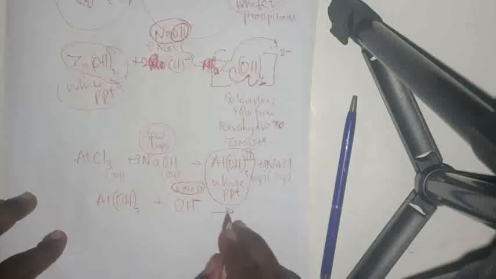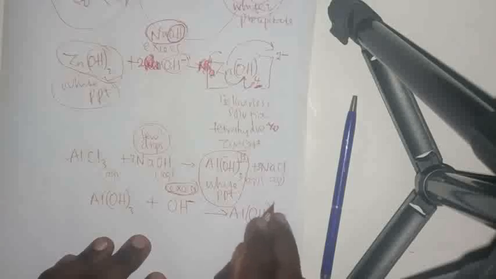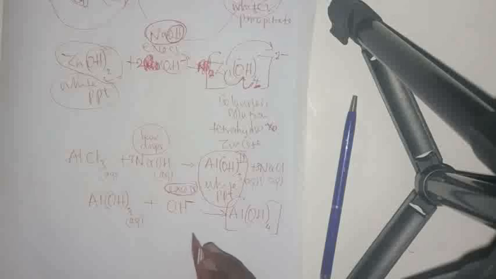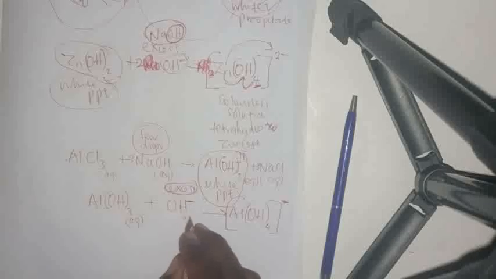So this gives us aluminium, OH, then 4, and then we have a resultant negative charge on top. This is also aqueous, this is also aqueous.